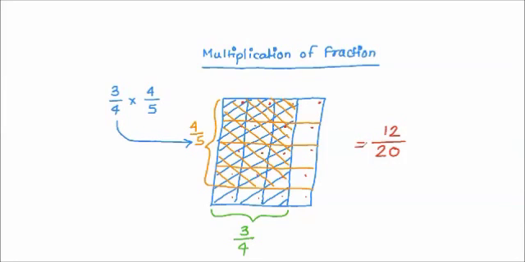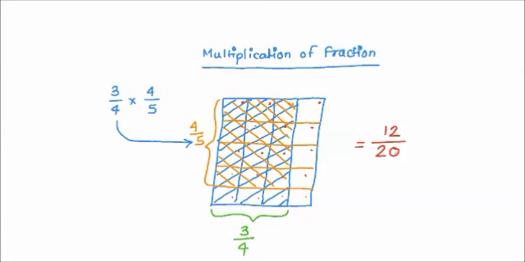What I have done is, for 3 upon 4, I have first divided the entire sheet into 4 parts and taken 3 parts. Then I divided these 3 parts into 4 upon 5. That is, I made 5 equal parts and took 4 parts. So I've made 20 small parts in total, and I have taken 12 out of them. So 12 upon 20.